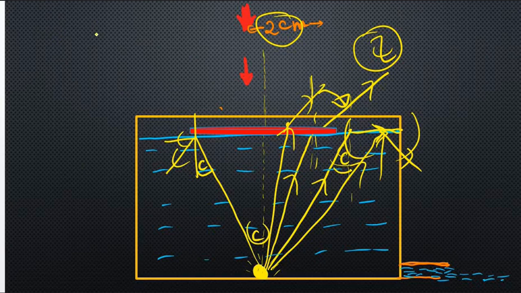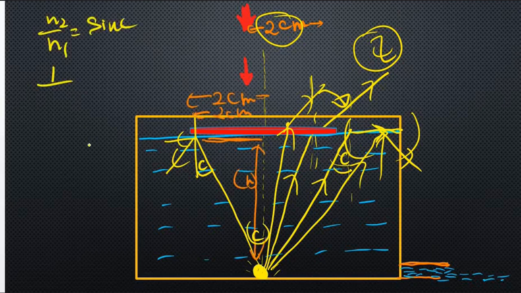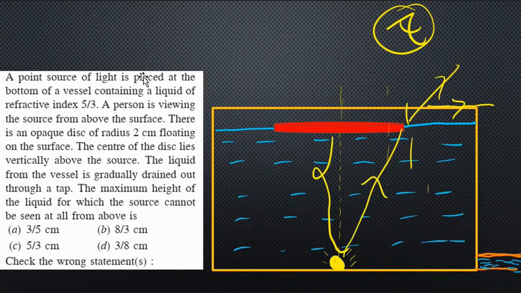Let's apply our equation now. N2 over N1 equals sine C, the critical angle equation. The second medium is always 1, and the first medium is N, so 1 over N equals sine C. In the question we are given the refractive index is 5/3.